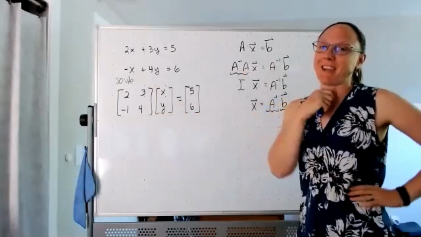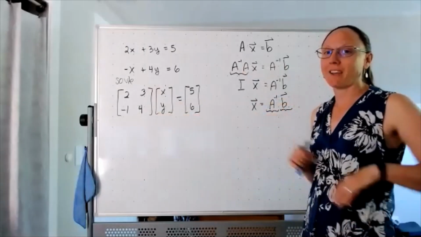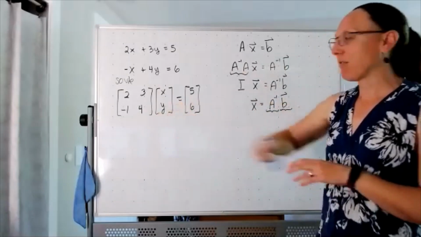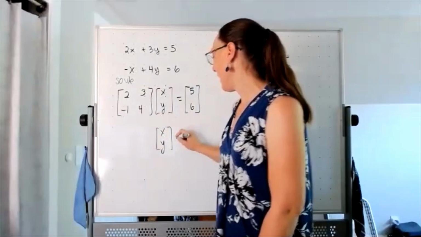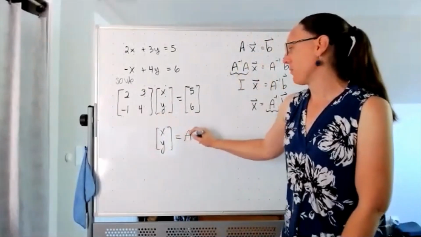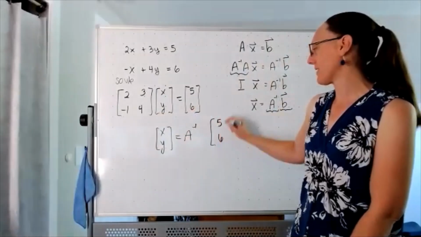Conveniently, I gave us the same matrix back that we had before, which means I already know what A inverse is. If I want to solve for x, y, I know that I'm going to need to multiply A inverse by this b vector, 5, 6.